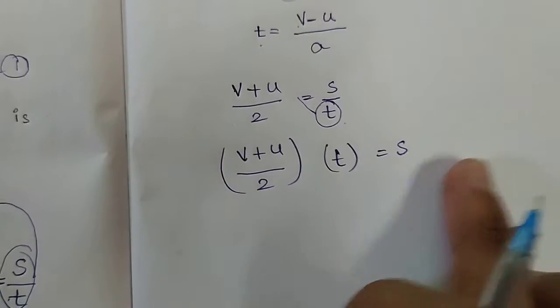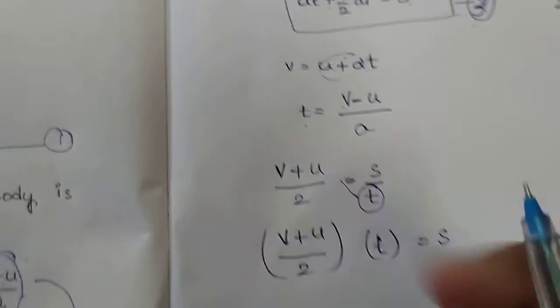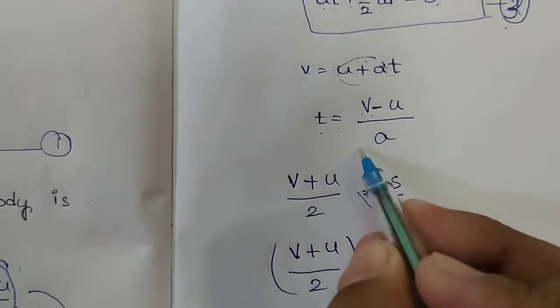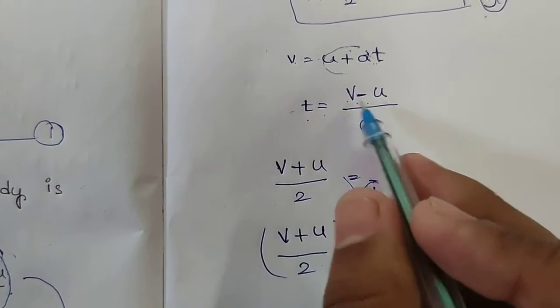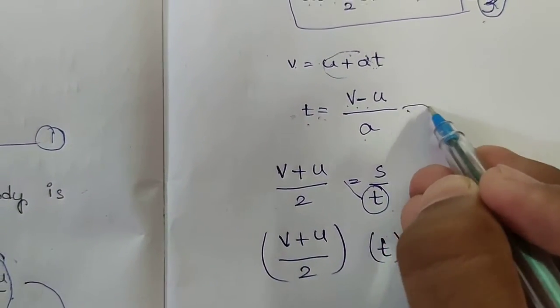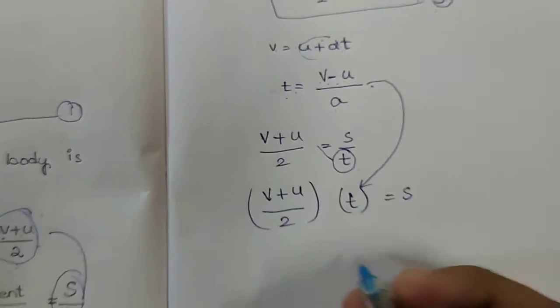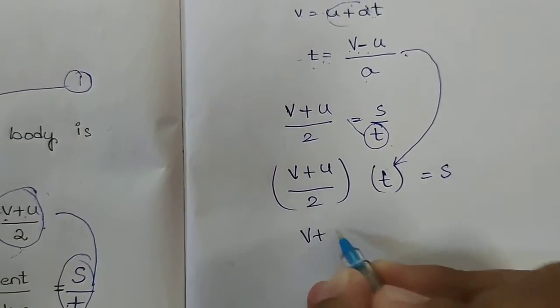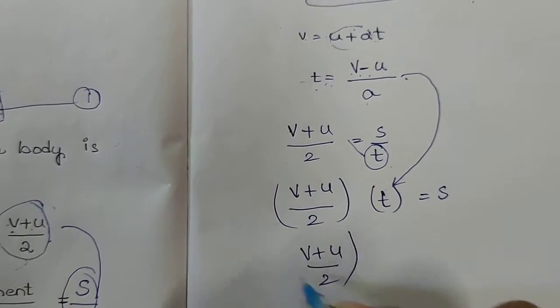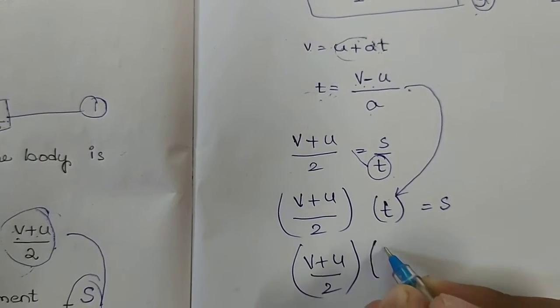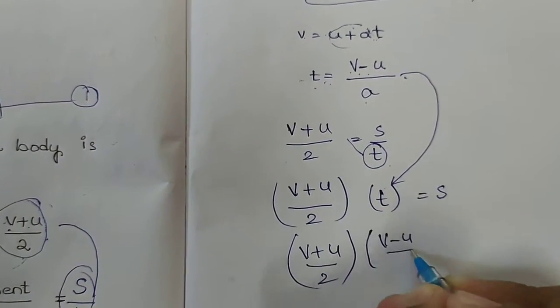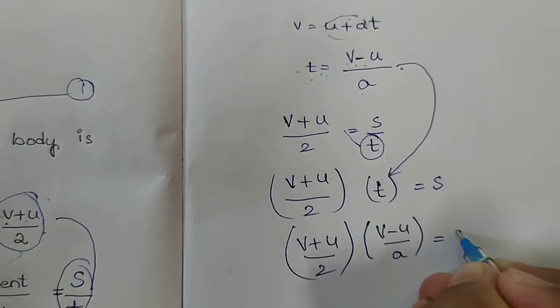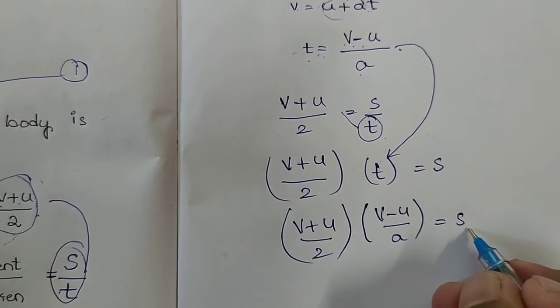Now I know t is equal to v minus u by a. I have the t value, so I'll write this t value in this equation. So I can write u plus v by 2 whole bracket into v minus u by a is equal to s.